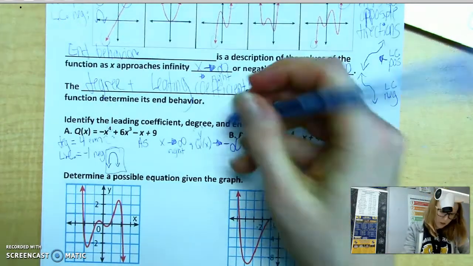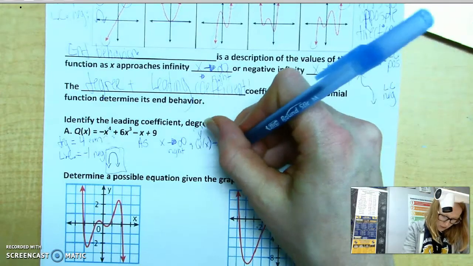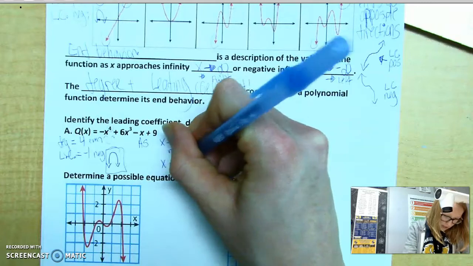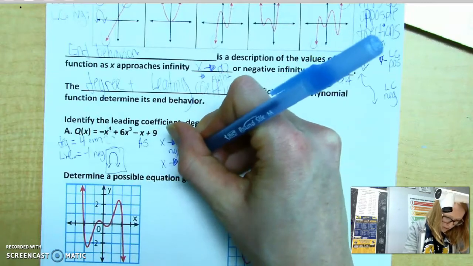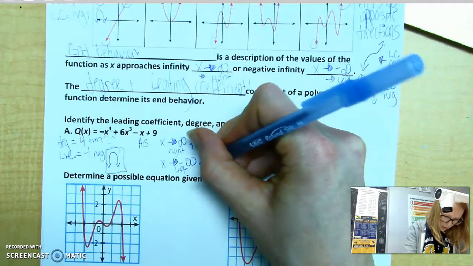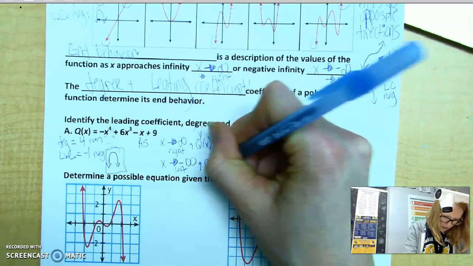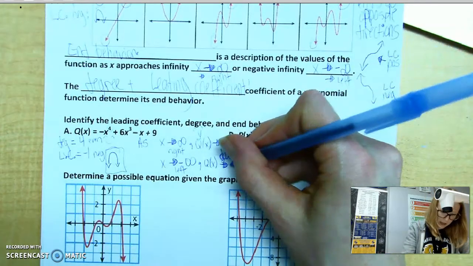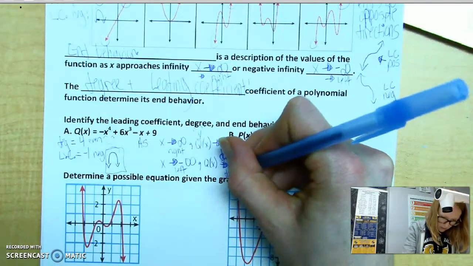So as we're moving to the right, our graph is going down. As x approaches negative infinity, on the left, what's happening to our y value, or q of x in this case? Well, if you look on the left side of the graph, it's also going down, so towards negative infinity, right?